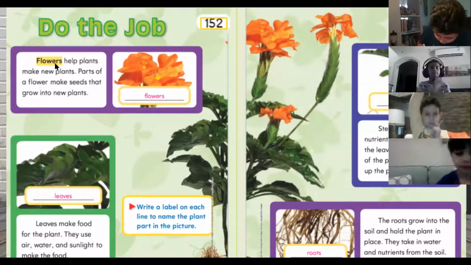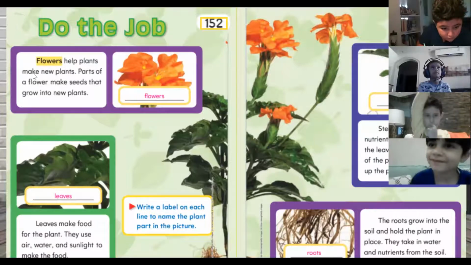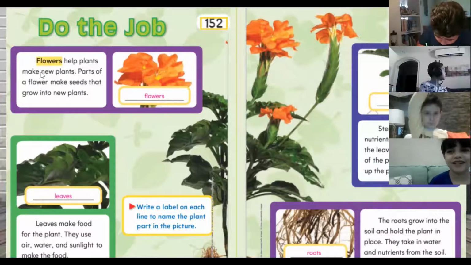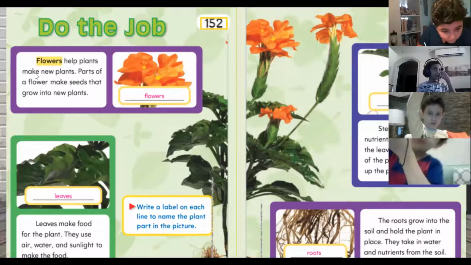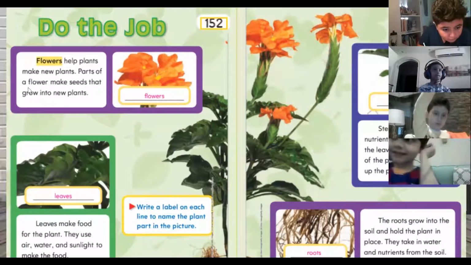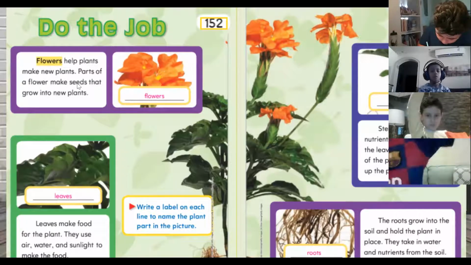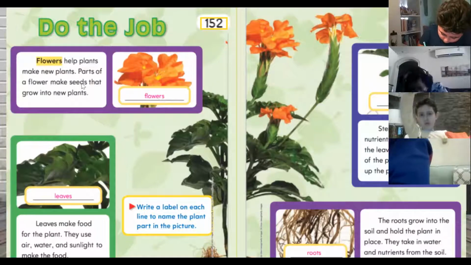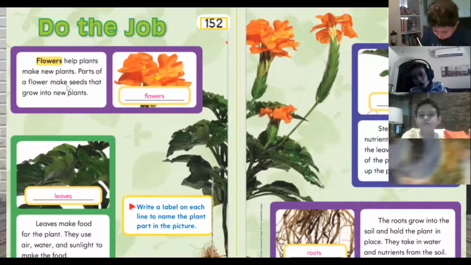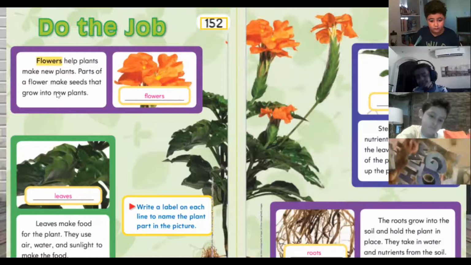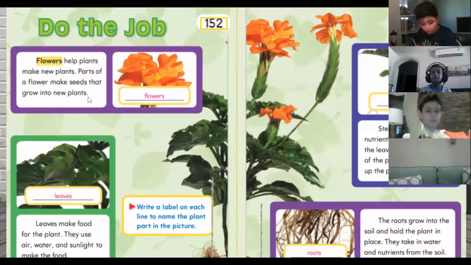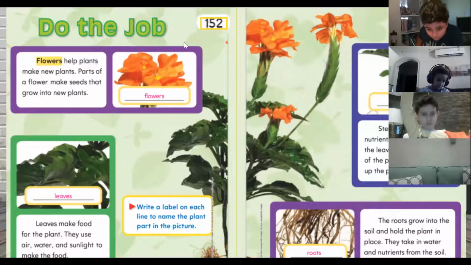Flowers help plants make new plants. Parts of flowers make seeds that grow into new plants. Excellent. So a flower can help the plant make new ones or bring seeds.